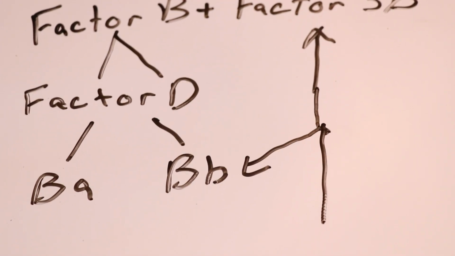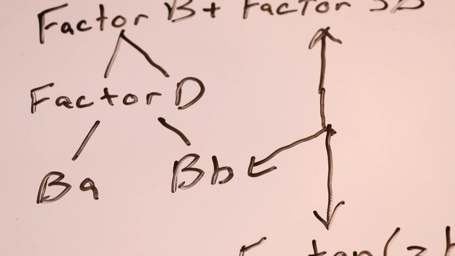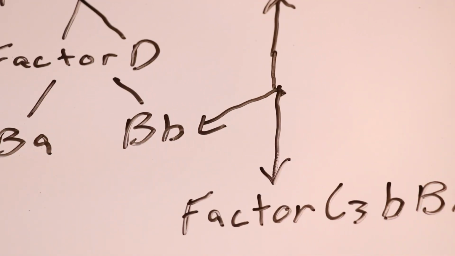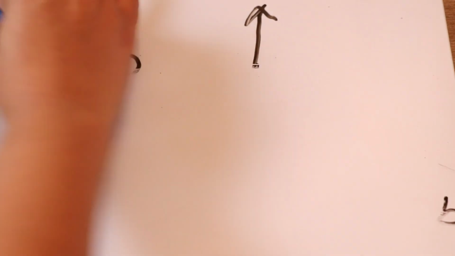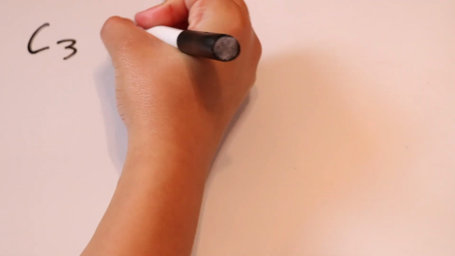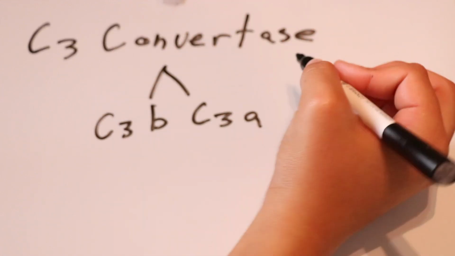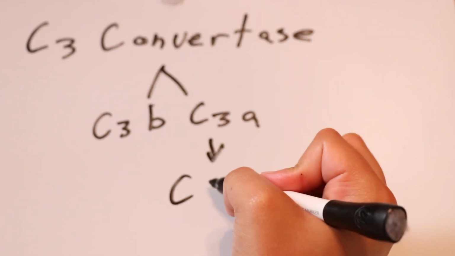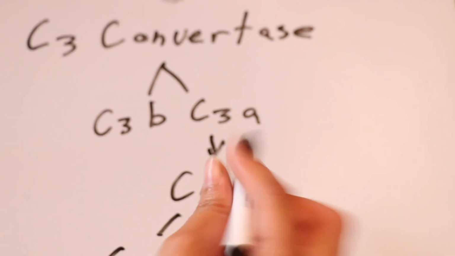Factor C3B splits into C3B, big B, little b, and then it forms C3 convertase, and it splits up to C3B and C3A to C5 convertase, basically the same as the classical pathway.